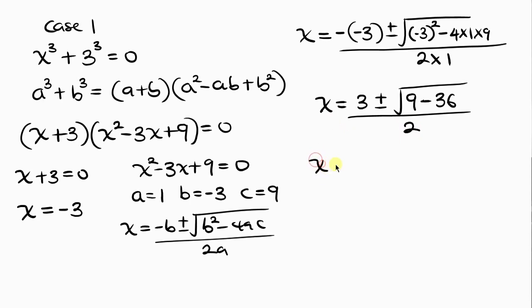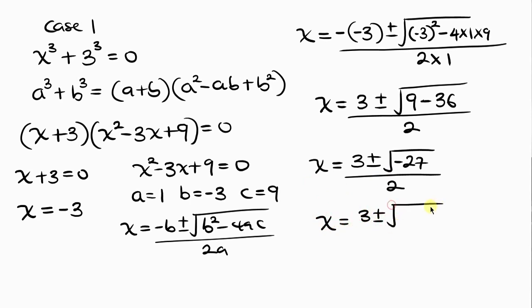So x is going to be equal to 3 plus or minus the square root of, now 9 minus 36 is negative 27, all over 2. Now we're going to be doing something here. Since we have negative inside of the radical, this can be written as x equal to 3 plus or minus the square root of, now negative 27 is same as negative 1 times 27, all over 2.